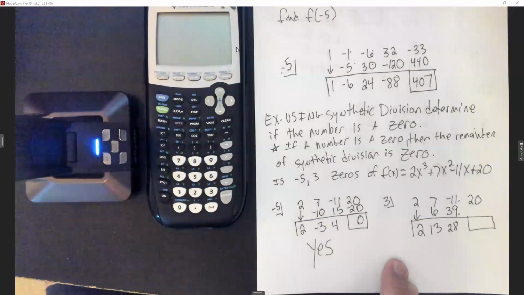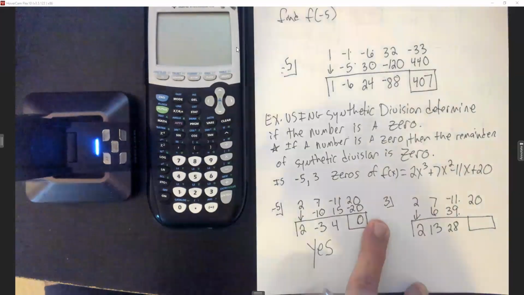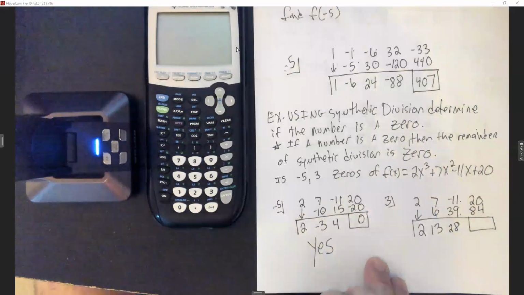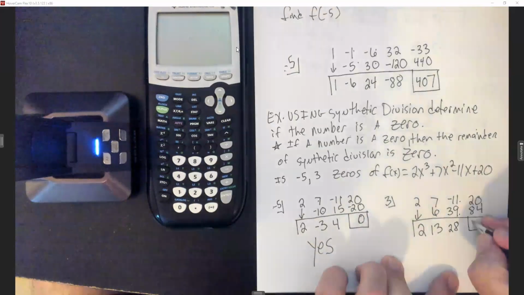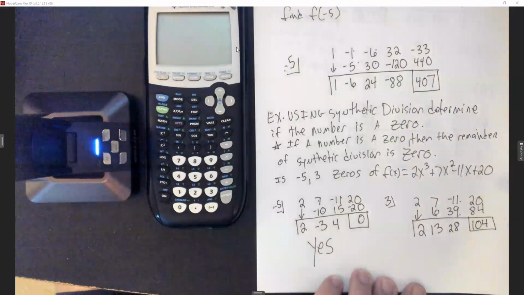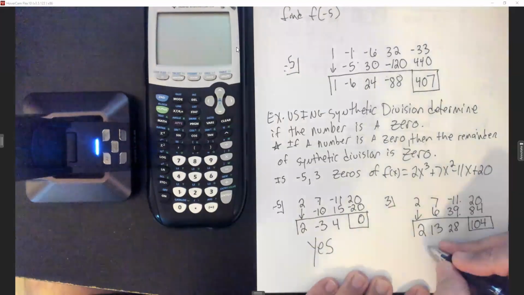Right, here we go. 28 times 3. Oh, what's that, 84, I think? Yeah. And then finally add 84 plus 20, which is going to give me, what, 104. But really, once I knew that wasn't going to be 0, all I had to do was come and put no.